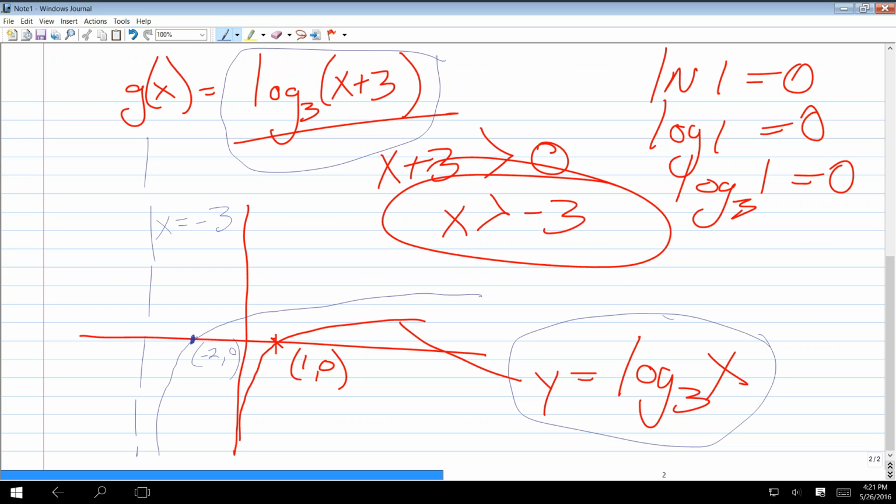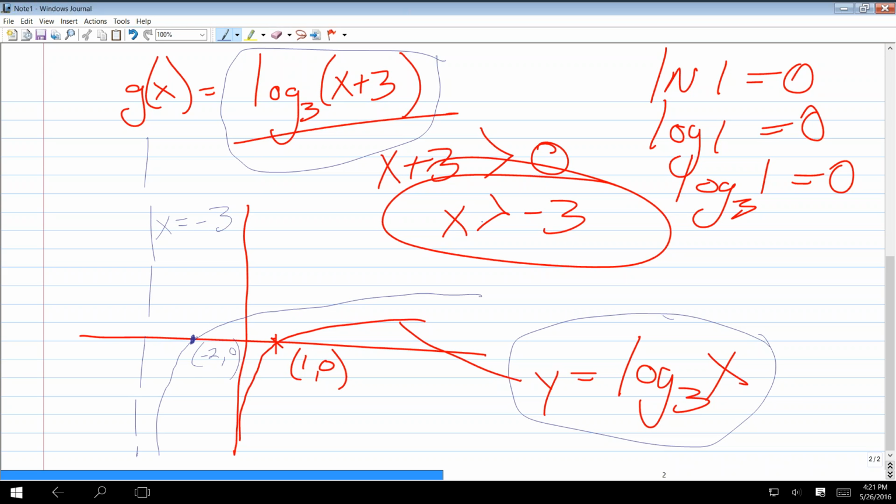It's kind of like division by 0. When you have division by 0, you have a vertical asymptote on the graph. Well, when you have the log, whatever the argument, where that's equal to 0, you're going to have a vertical asymptote. Okay?